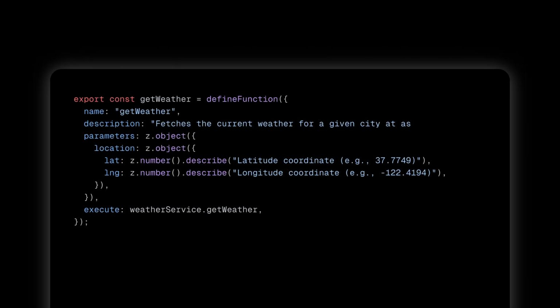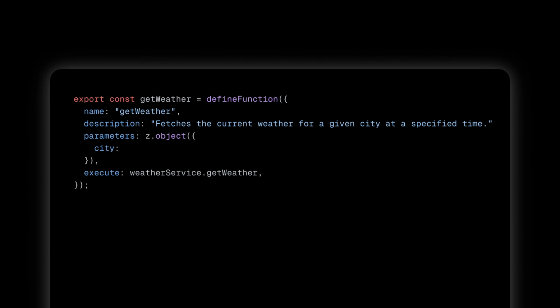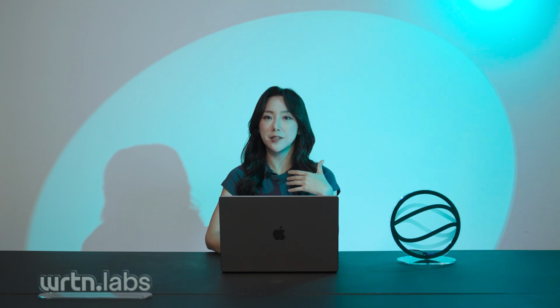Yes, that's right, go back and fix the schema manually again. Meaning, you're not just updating your actual code, but you also have to remember to update the Zod schema too, every single time changes are made. So yeah, I guess I don't need to explain more about how bad this approach is.